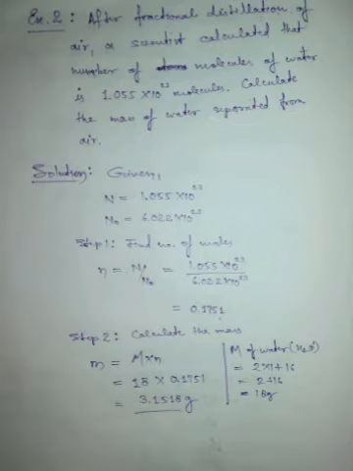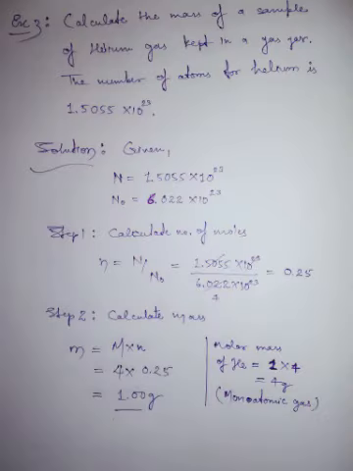Now in step 2, you will calculate the mass. First you have to find the molar mass of water. The molar mass of water can be calculated from the molar masses of hydrogen and oxygen. So 2 plus 16 is equal to 18 gram. Now again come to the formula, small m is equal to capital M into n.